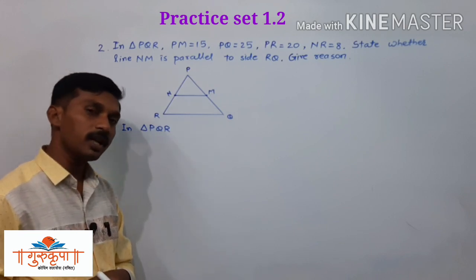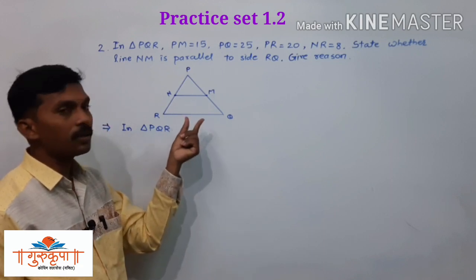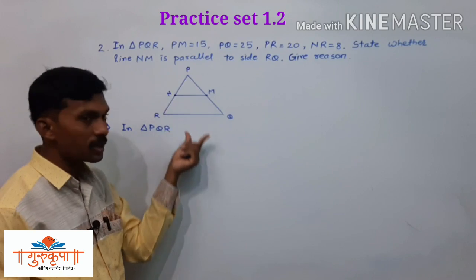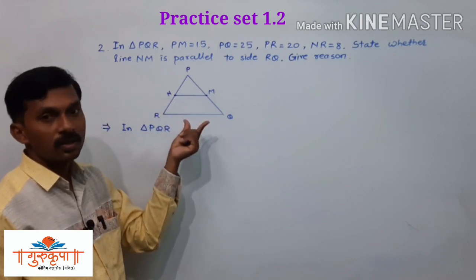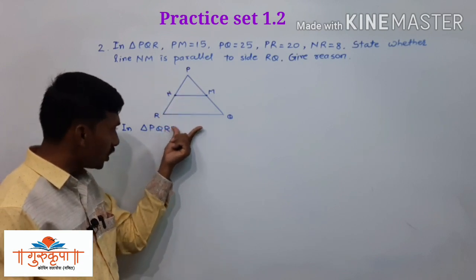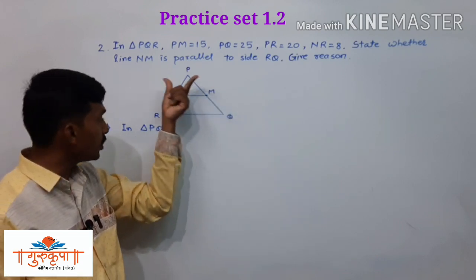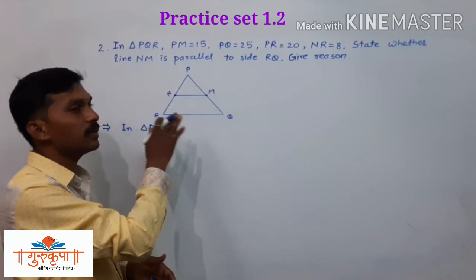You have to draw the diagram each and every time. It will be convenient for the teacher who is going to check your answer. If the diagram is in front of the answer, or the answer is written below the diagram, it is easy for the teacher who is going to check that answer. So always we have to draw the diagram there.